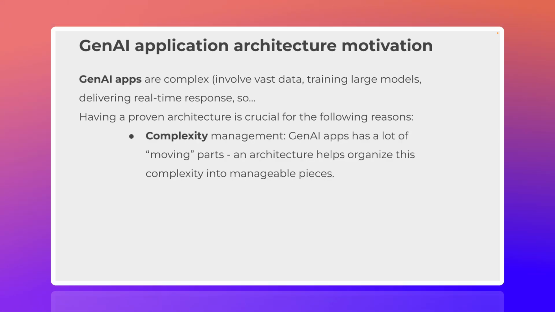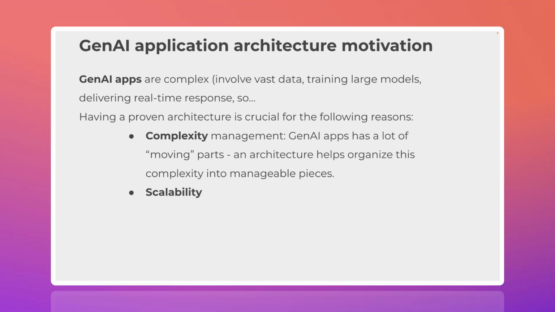One, complexity in management. GenAI applications have lots of moving parts because they involve handling vast data, training large models, and in some cases delivering real-time responses. So an architecture helps organize this complexity into manageable pieces or components.